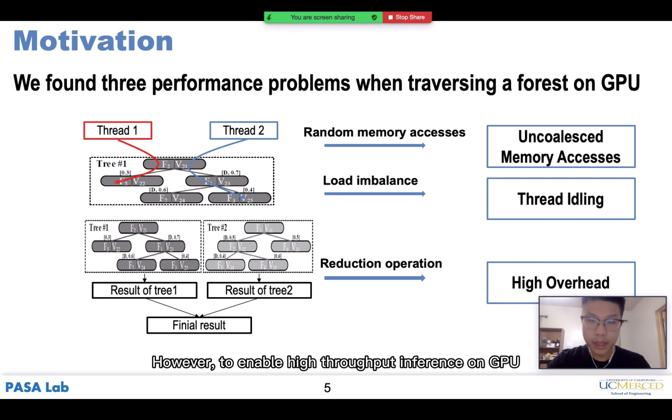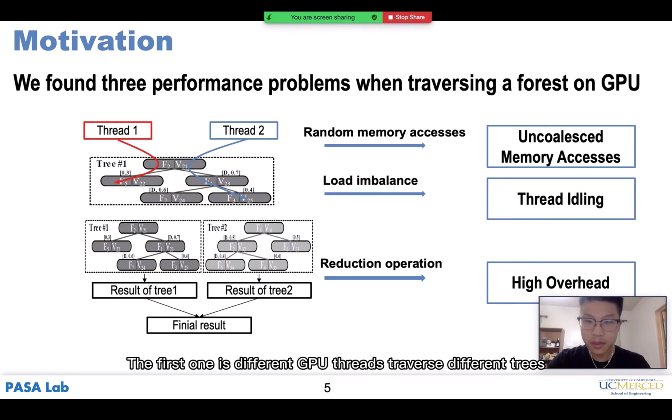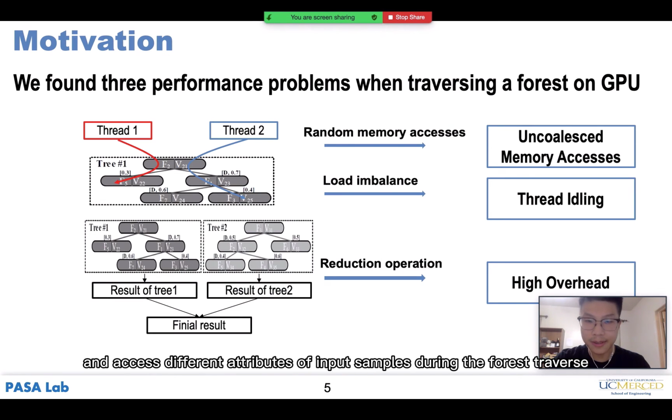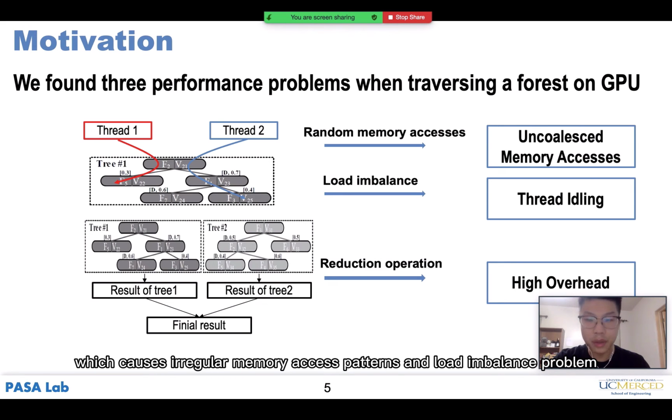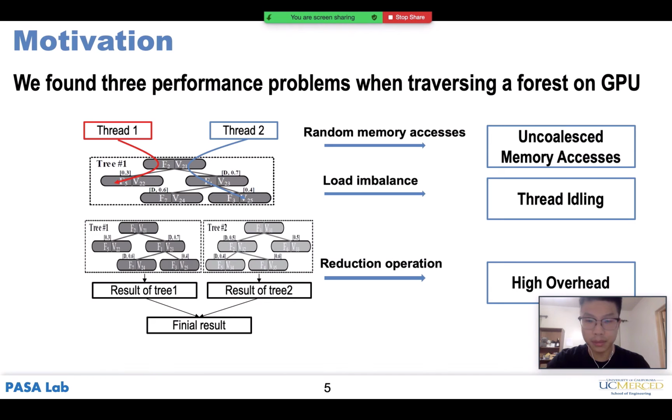However, enabling high-throughput inference on GPU has some performance bottlenecks. The first one is that different GPU threads traverse different trees and can take different tree paths and access different attributes of input samples during the forest traversal, which causes irregular memory access patterns and node imbalance problems.